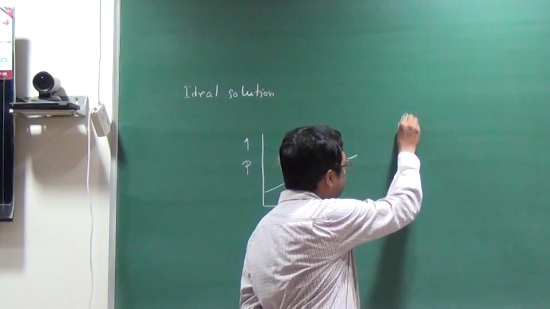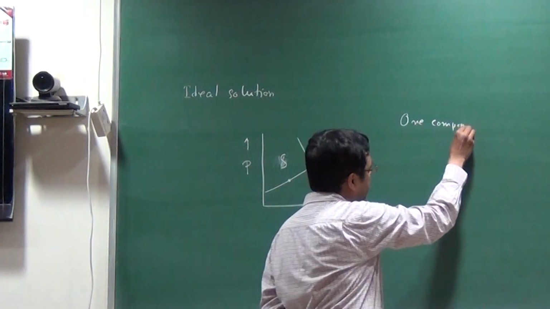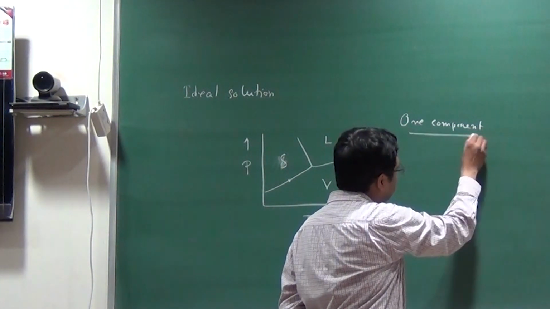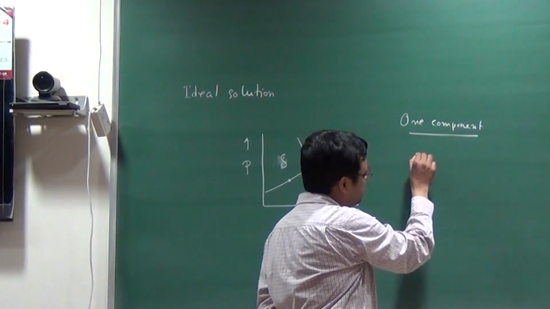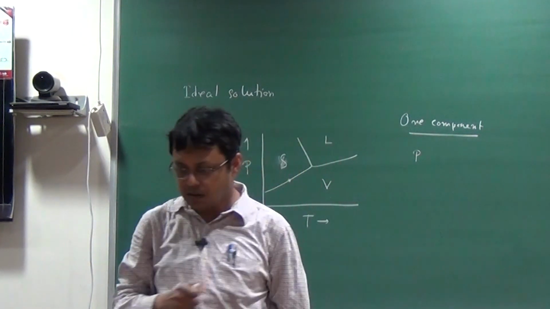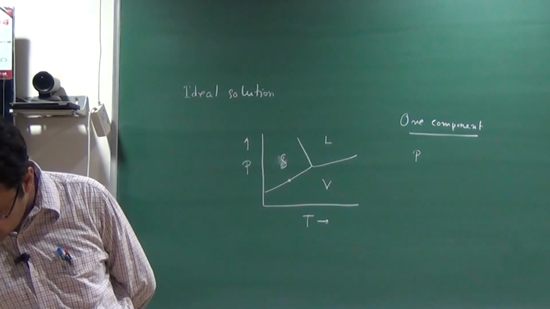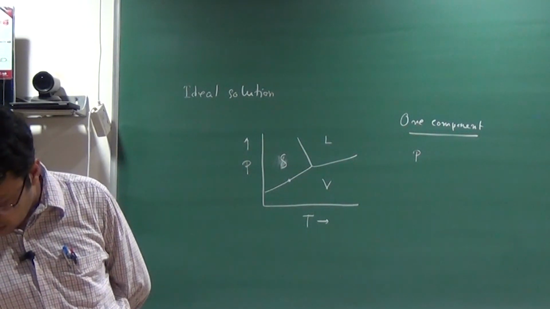Okay. Now for one component it is very easy to understand. Let's say one component. So when we have the phases, let me just use the same notation.